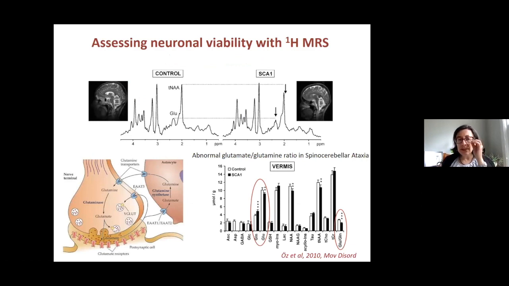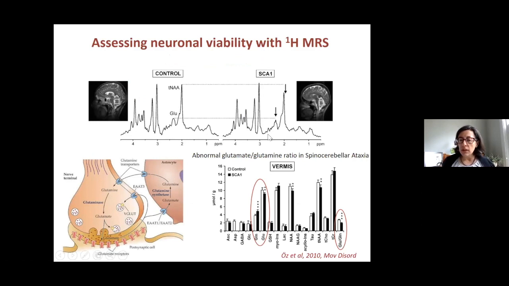So here's an example from another set of diseases through which Jesse and I met, spinocerebellar ataxias. I have on the top here spectra obtained from the cerebellum in one control individual and in an individual with spinocerebellar ataxia type 1.